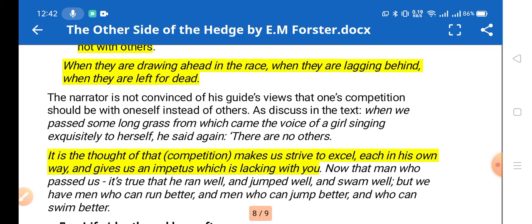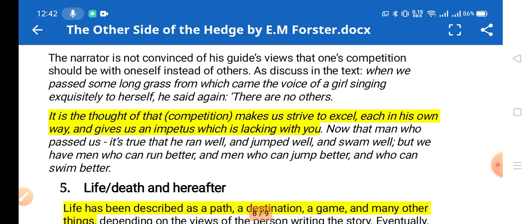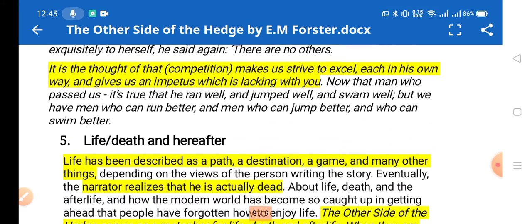The work of life is a competition. You always have to move on, and if you quit, then it's the end. He also described that it is the thought of that competition that makes us strive to excel, each in his own way, and gives us impetus which is lacking otherwise.